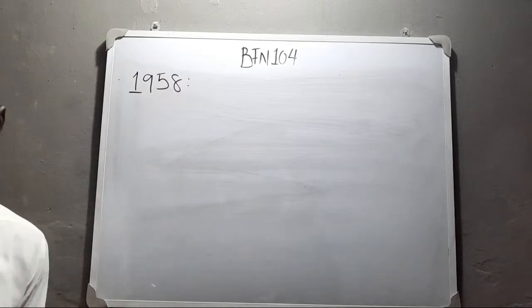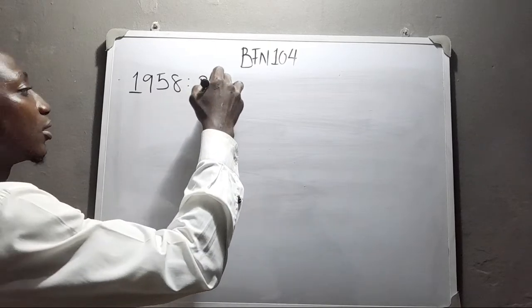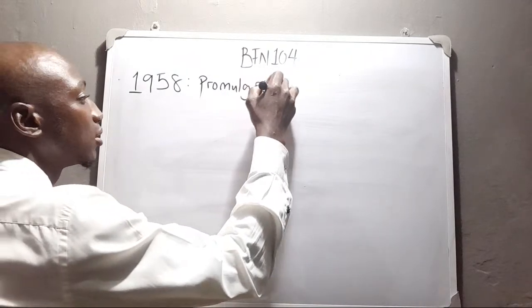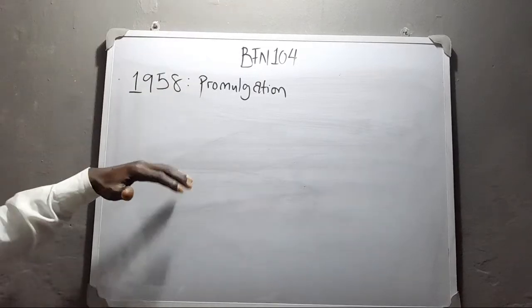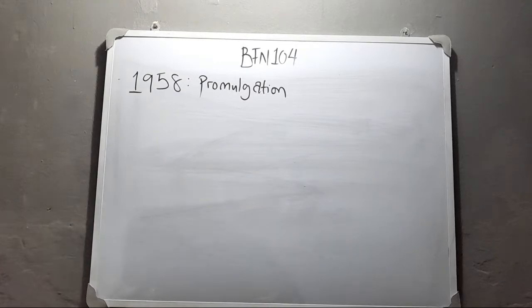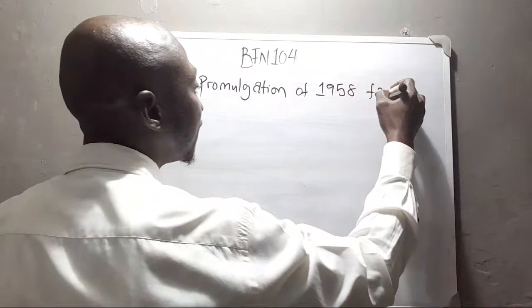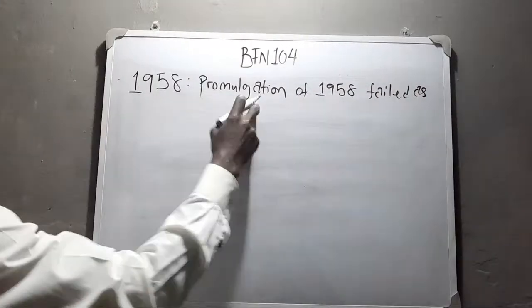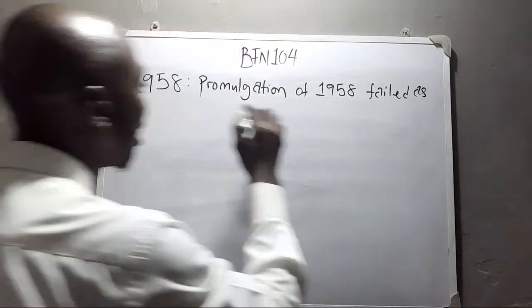After the banking boom era, the free banking era, the promulgation of the banking ordinance in 1958 failed as a result of lack of proper regulation. It failed in the sense of the rules and regulations guiding the banking sector, guiding the industry.